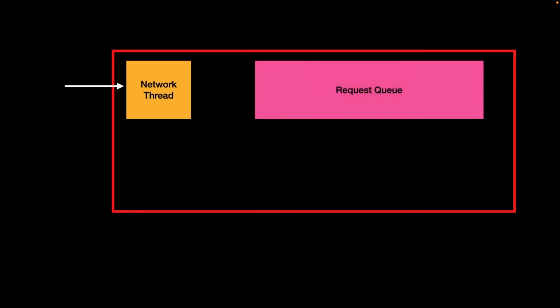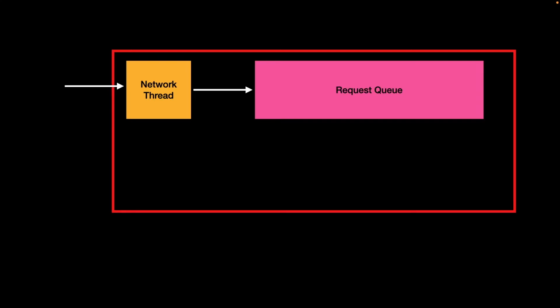Once the request is received at the network thread, it will pass that request to the request queue. So a request will come to the network thread, and after that it will be passed to the request queue. The request queue will keep those requests in a queue and try to execute them one by one. This request queue is also very important in order to maintain the order of messages that we are pushing to Kafka.